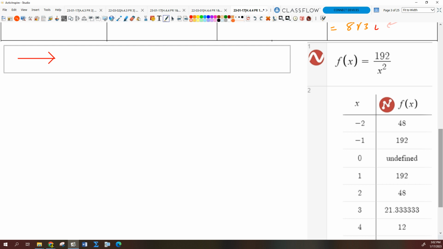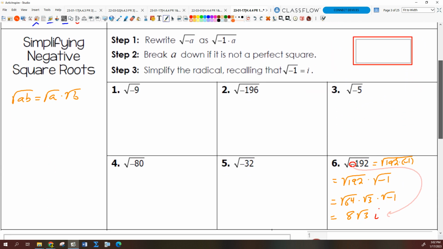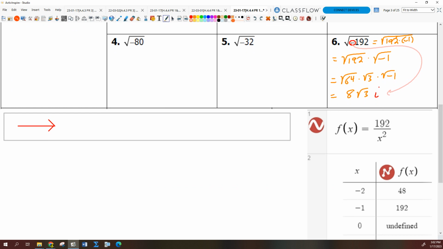This would be with graphing technology, if you had Desmos graphing. So again, I'm trying to simplify the square root of 192.